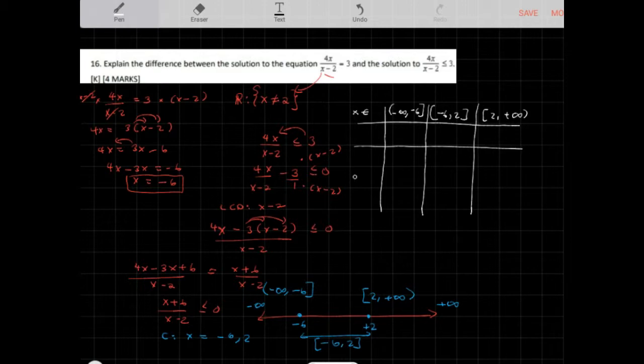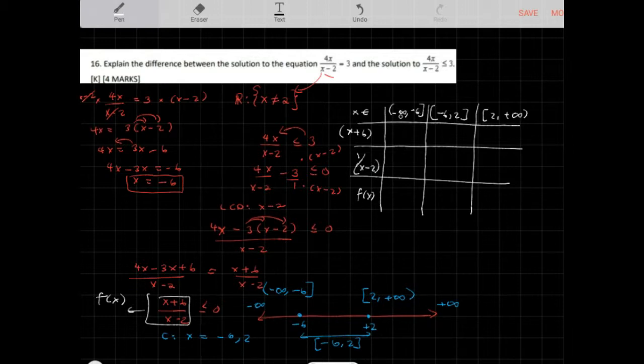And then I'm going to put my factors here. So this is x plus 6 as my numerator, 1 over x minus 2 as the denominator, and let's call this our function f of x, so it's easier. So it's basically this factor times this factor.